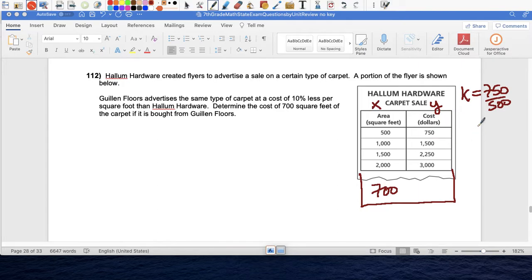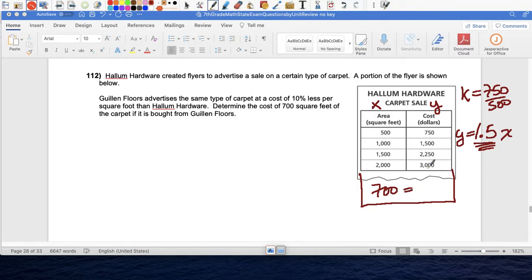So each square foot is $1.50. Y equals 1.5X. And if you took any of the other ones, 1,500 divided by 1,000, 2,500 divided by 1,500, you would get this value, 1.5. So every square foot equals $1.50.